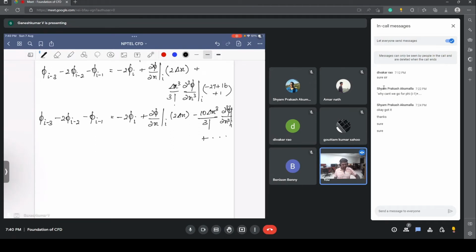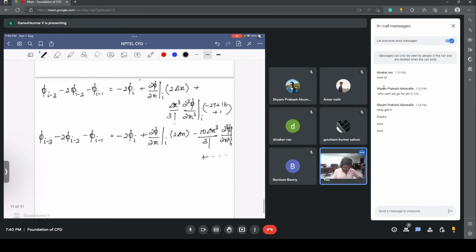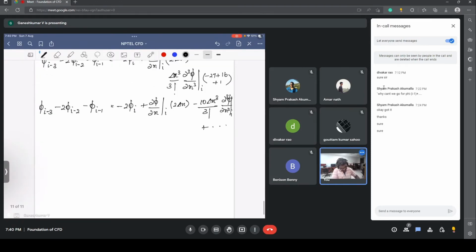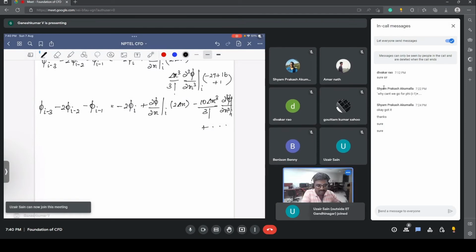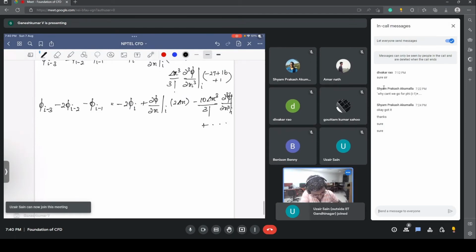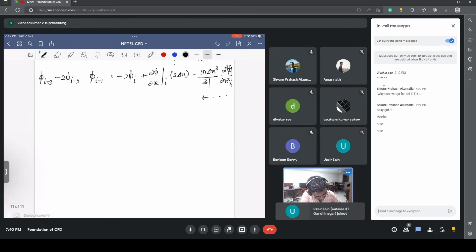Plus there are a few other terms. So what we can do here is, where truncation comes, we will not consider this part of the equation. We will just replace this part as order of, so there is some term which is of order delta x cube.